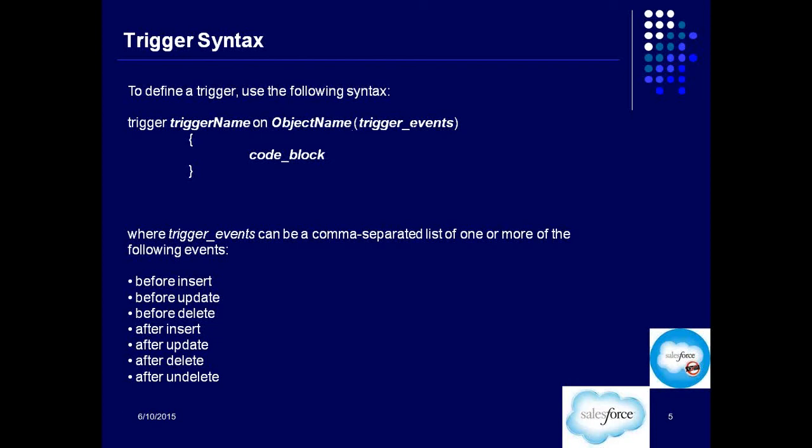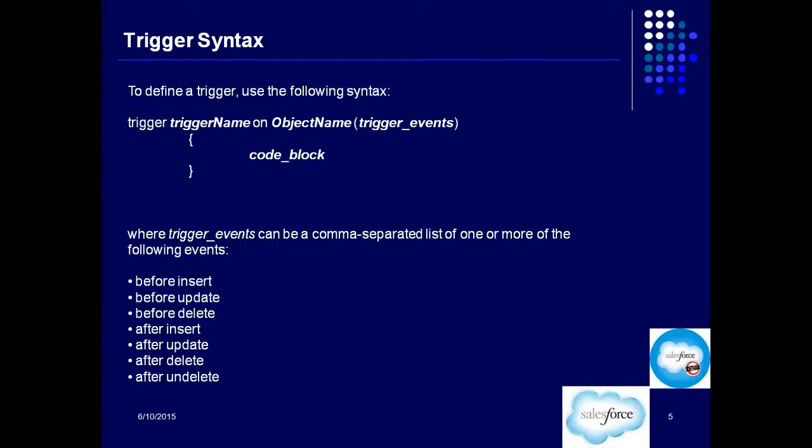You can have multiple of them. If you have two trigger events, let's say you want the same code to get executed before a new record is inserted and before an existing record is updated, then you should separate them by comma. So trigger events can be a comma separated list. So just that, before insert, comma, before update. So if you want multiple events to be here, got it? Simple.